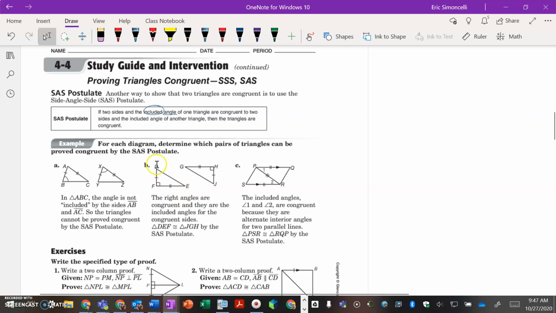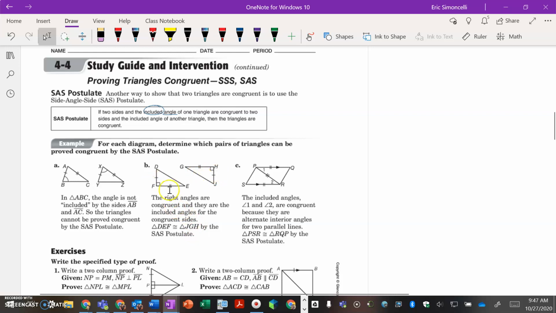Part B, you've got triangle DFE, and you've got triangle JHG. Or if you go in the other order as they describe here in a moment, you'll see DEF and JGH. That order technically is acceptable as well. If you start with D and then go to E, of course, F would be your third, and then those letters as well, JGH. Anyways, this side is congruent to that side.